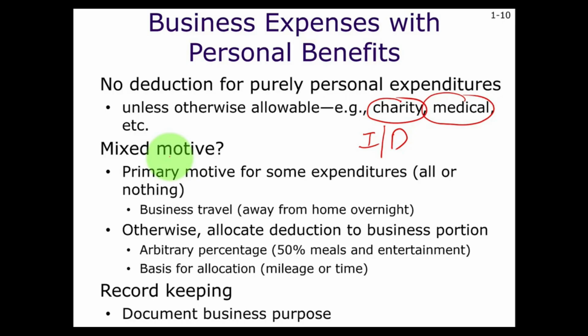The common one is when you go on a business trip. If the primary purpose, that's the key word here, the main purpose of the trip is business, then the airfare, flying to the mainland or neighbor island, if the main purpose is business, then all of that airfare is deductible.